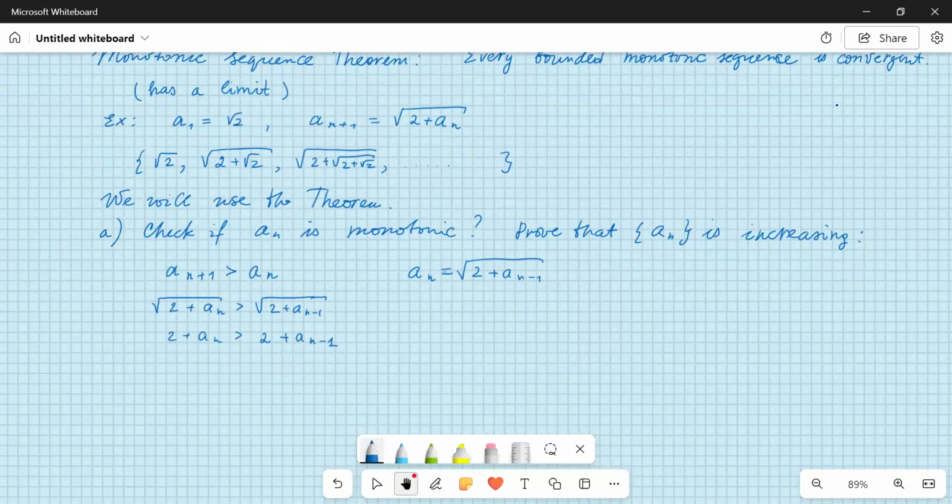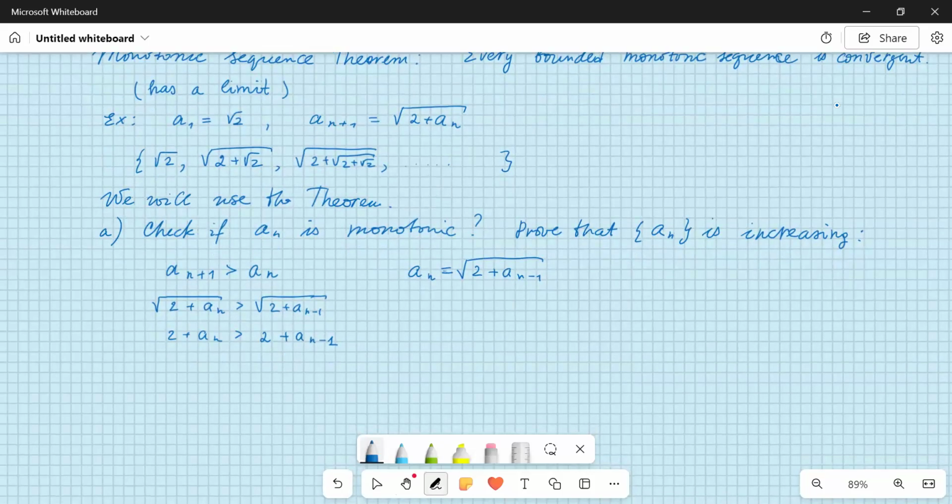And you probably ask me, well, how is that proving anything? It doesn't prove anything. I'm going to cancel the 2's and I'm going to get an inequality that a_n must be greater than a_{n-1}. You see, we started with this inequality, a_{n+1} must be greater than a_n, and we got to this inequality, but we still need to prove it because we don't know if it's true or not, because we don't know if the sequence is increasing, right?